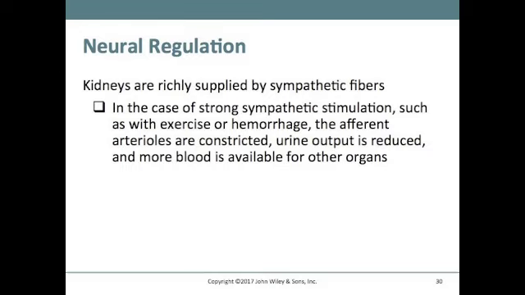As a result, blood flow into the glomerular capillaries is greatly decreased and the glomerular filtration rate drops. This lowering of renal blood flow has two consequences. It reduces urine output, which helps conserve blood volume, and it promotes greater blood flow to other body tissues.